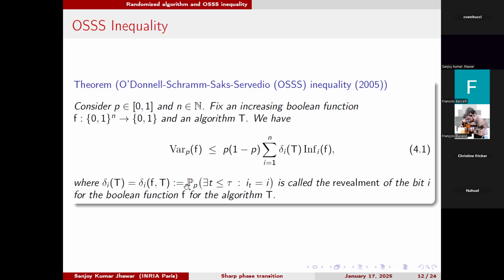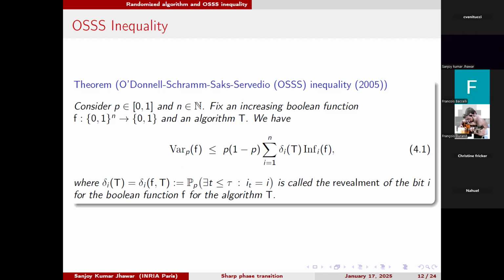This is nothing but the probability that the particular coordinate i is revealed before you end the algorithm. So you get this kind of variance inequality using the algorithm. This was proved by O'Donnell, Saks, Schramm, and Servedio, and we call it the OSSS inequality.